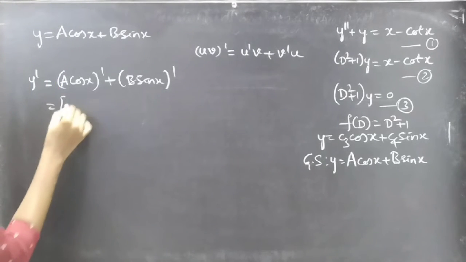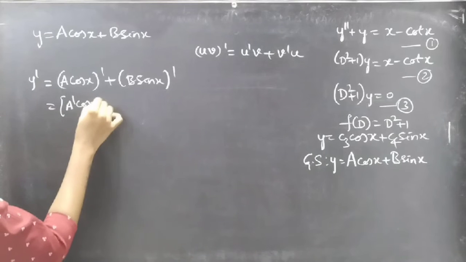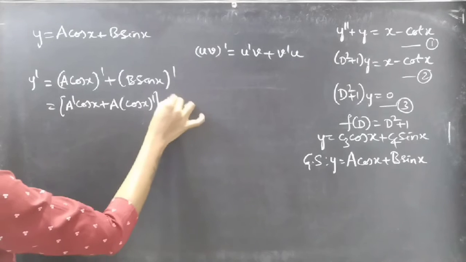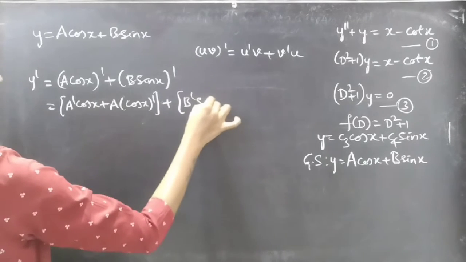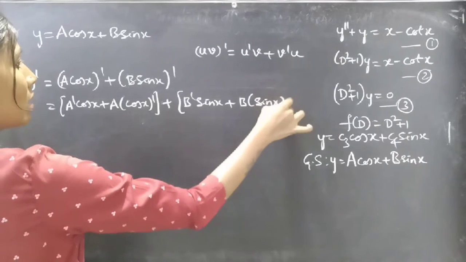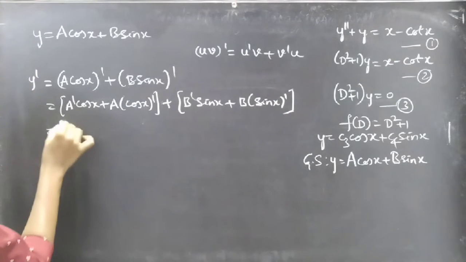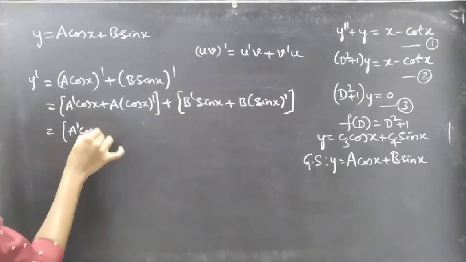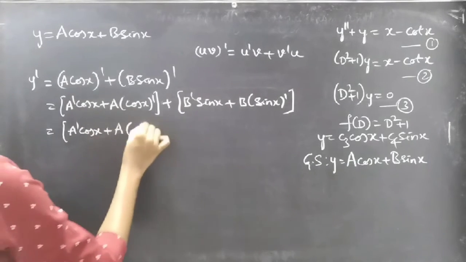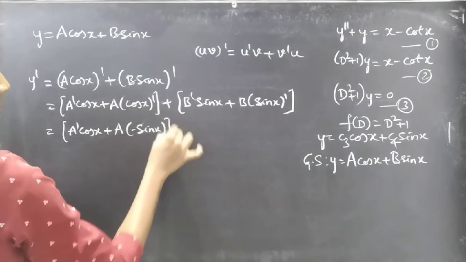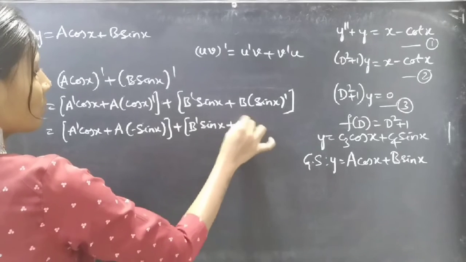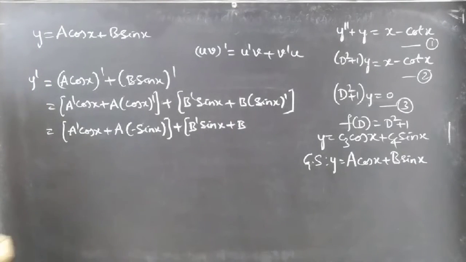This gives us a dash cos x plus a into cos x dash plus b dash sin x plus b into sin x dash, which gives us a dash cos x plus a into the derivative of cos x with respect to x, which is minus sin x, plus b dash sin x plus b into the derivative of sin x with respect to x, which is cos x.